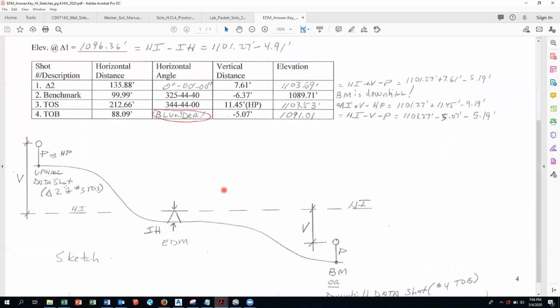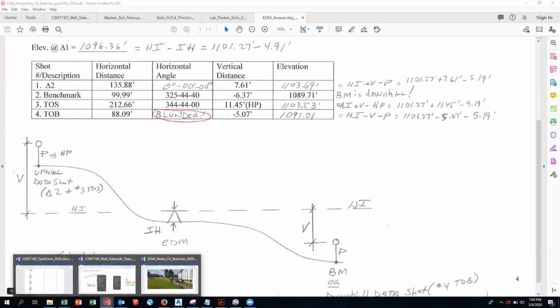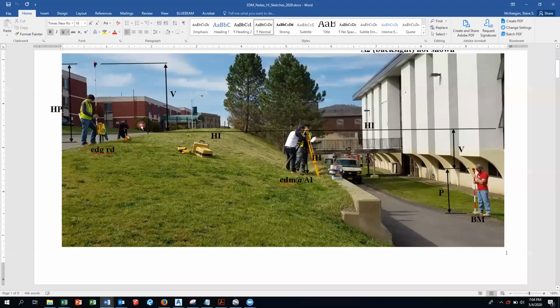Okay, so this little sketch right here is kind of a sketch of what you're seeing right here.